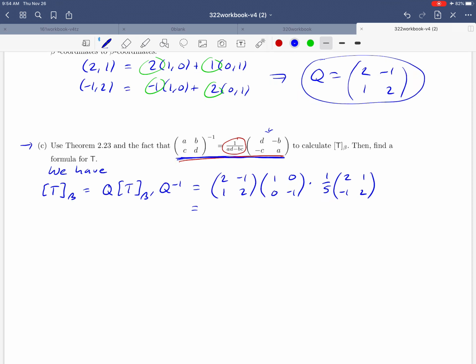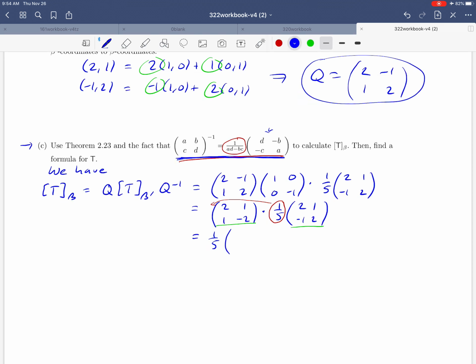All right, now we're going to do the multiplication here. If we multiply those first two matrices times each other, we are going to get 2, 1, and 1, -2. There's that 1/5 again, 2, 1, -1, 2. What I'm going to do just to make this a little easier is to take this 1/5, that's a scalar, and move it to the front, and then multiply the two matrices that are left over by each other.